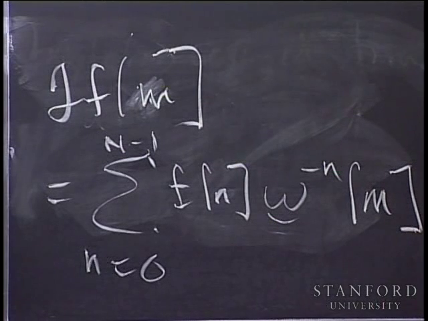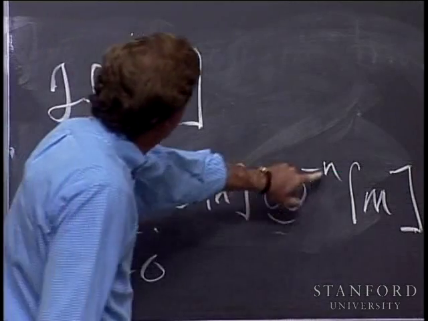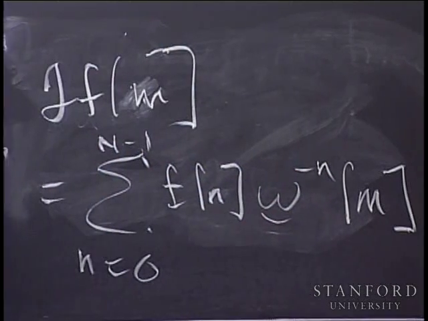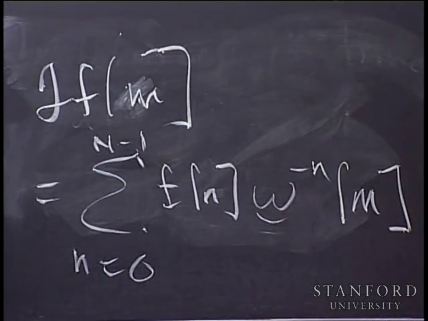I haven't done anything different here. I've just rewritten it in terms of this discrete vector exponential. Omega to the minus n of m is the mth entry of that quantity, which is e to the minus 2 pi i m n over n.